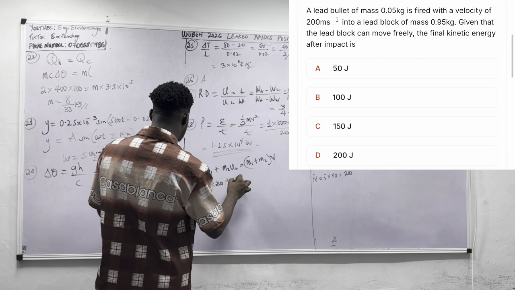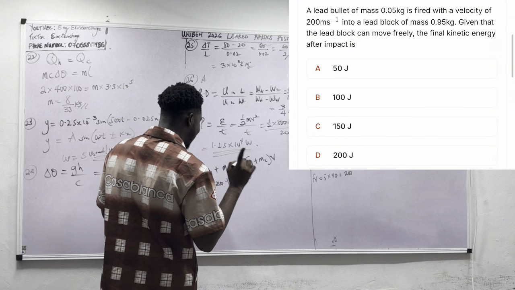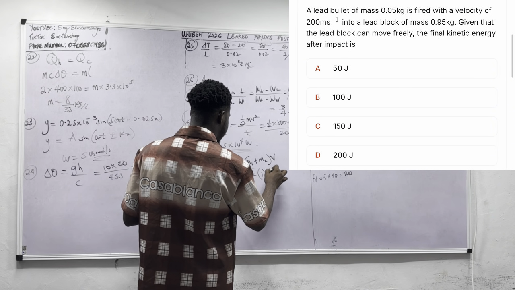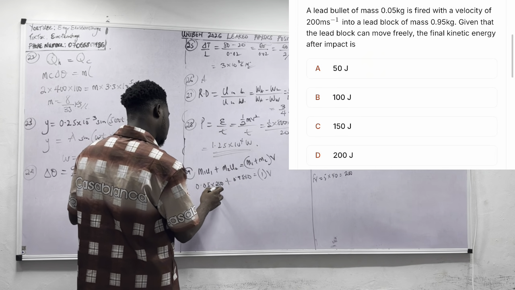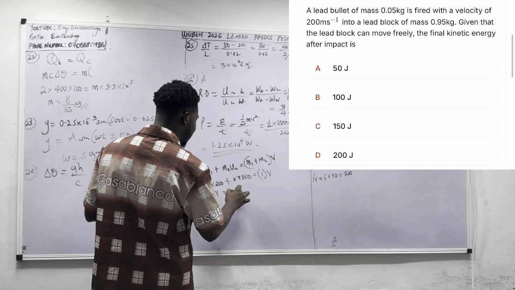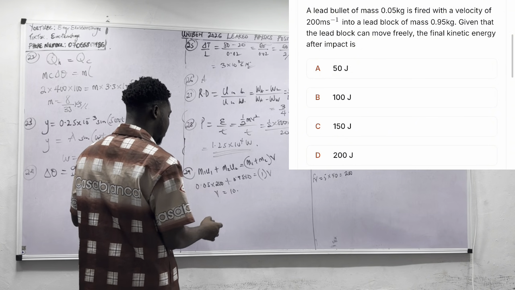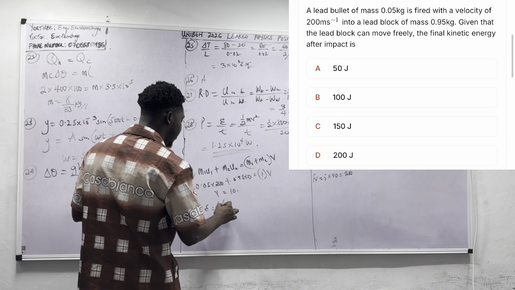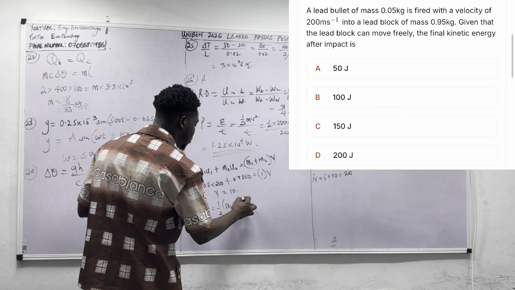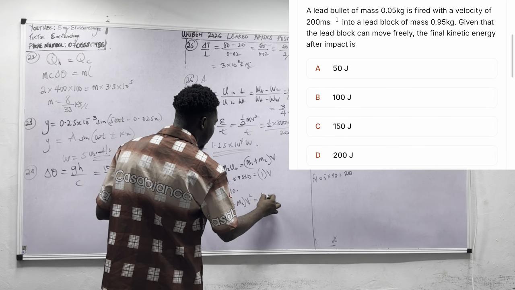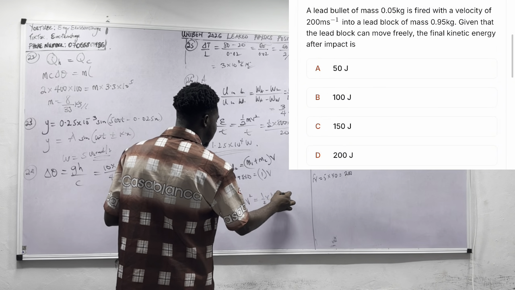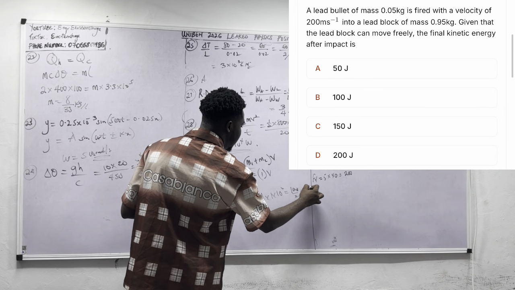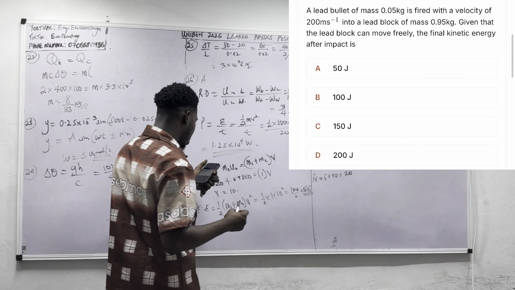Mass 2 was 0.95, velocity 2 was 0 at rest, and mass 1 plus mass 2 gives you 1 times v. Solving this, v should be 10. If v is 10, the final kinetic energy is half m1 plus m2 into v squared. That is half times 1 times 10 squared, which is 100 over 2, giving you 50 joules as your answer, option A.